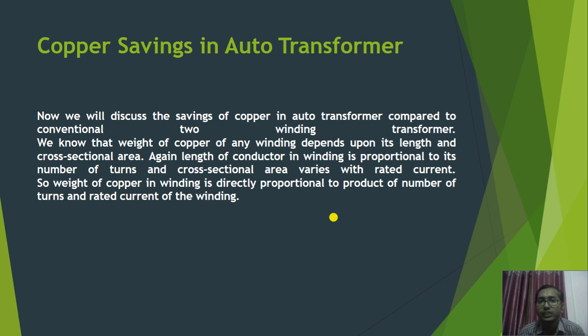Similarly, if we increase the cross sectional area of a conductor, the cross sectional area is directly proportional to the current. The more the cross sectional area, the more the current. So the weight of a conductor depends upon two things: one is the length of the conductor and second is the area of cross section. Length is directly proportional to the number of turns, and the area of cross section is directly proportional to the current through the conductor.